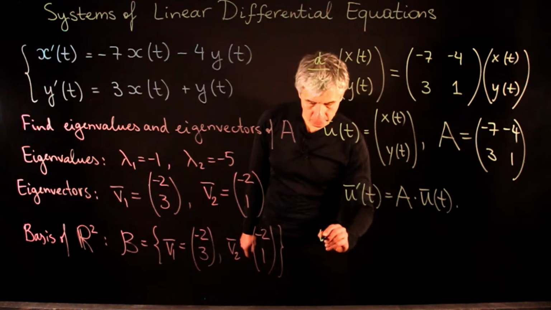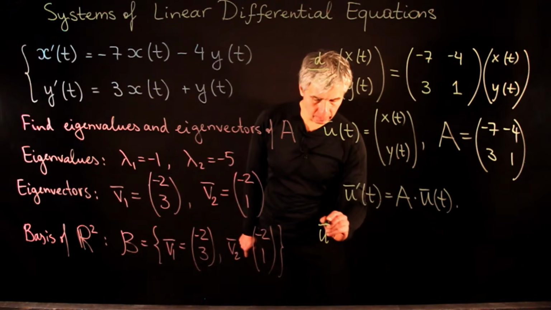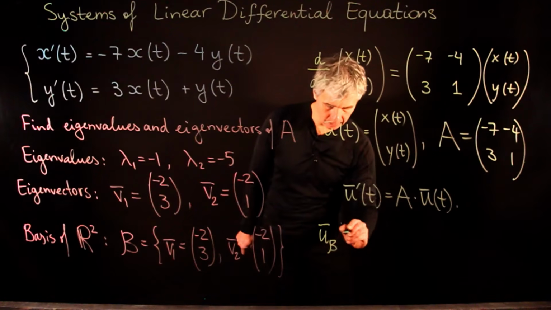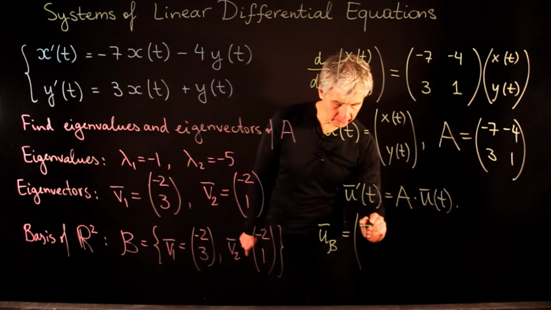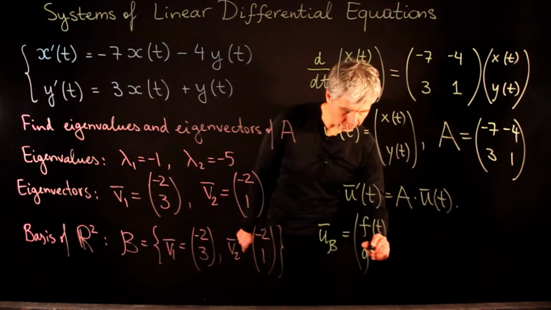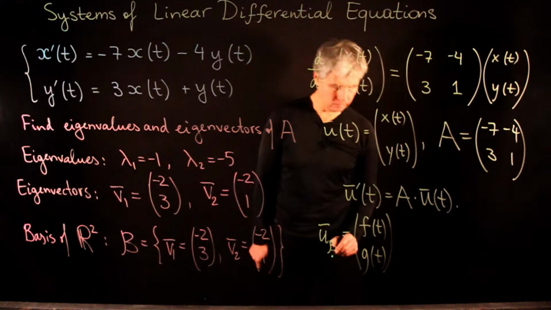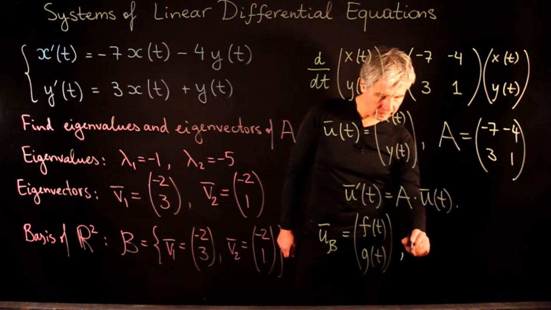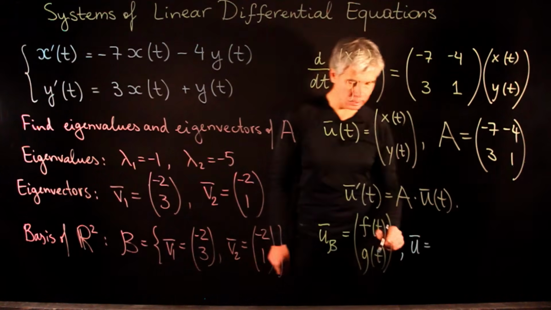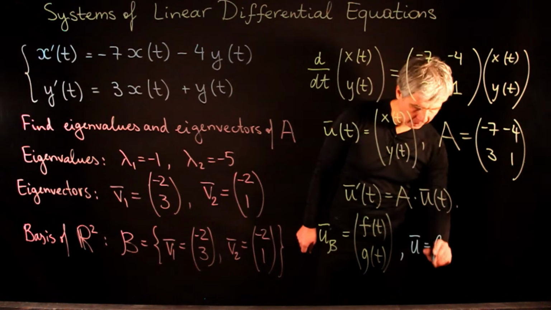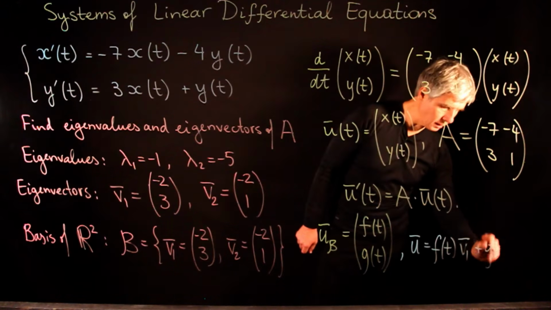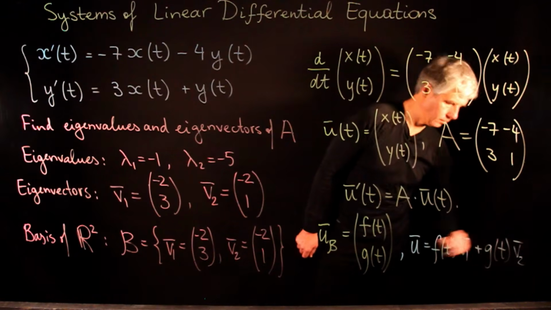Let us introduce the coordinate vector of our unknown vector u with respect to basis B. Suppose this coordinate vector is f and g. In fact, f and g will be functions of t. What this says is that our vector u is a linear combination of basis vectors with coefficients f and g. So we have f of t times v1 plus g of t times v2.